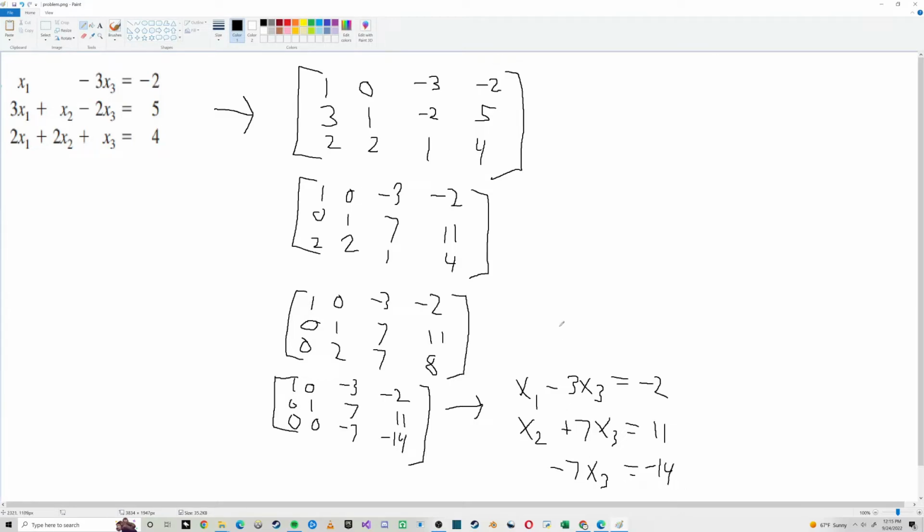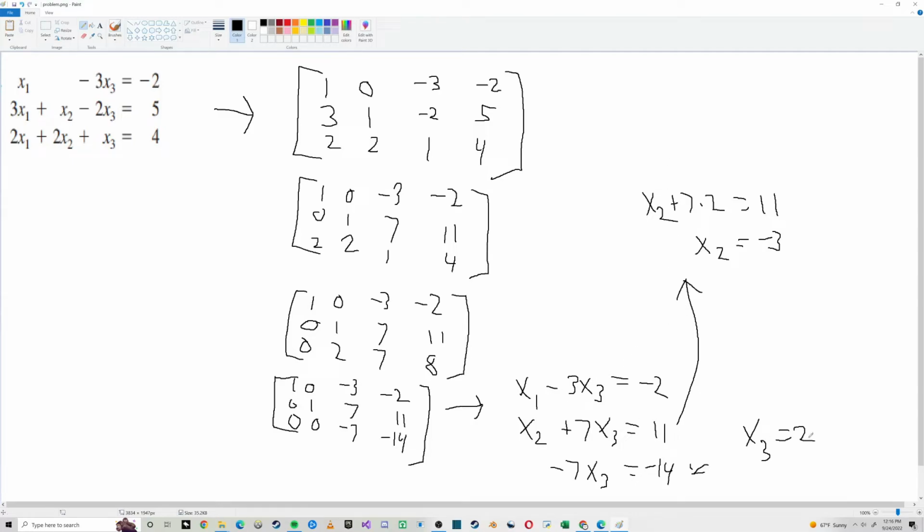Now we just solve. We can start with this equation. It's pretty obviously divide both sides by -7, so x3 is 2. We can plug our x3 into our next equation right here. So x2 plus 7 times our value for x3, which is 2, is 11. So then x2 equals, this is 14, so this would be -3.